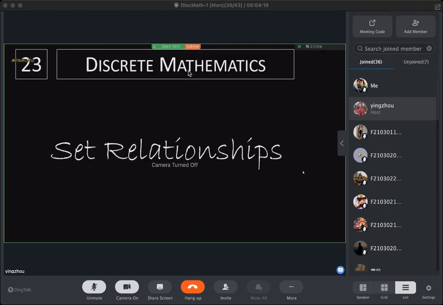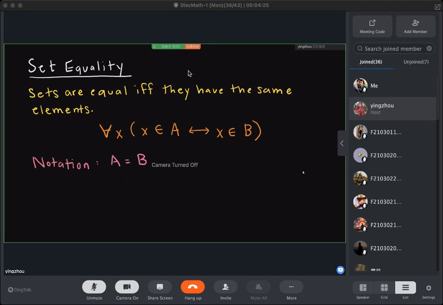So we are just using the logic expression to define the set operation. Now we just use the logic expression.